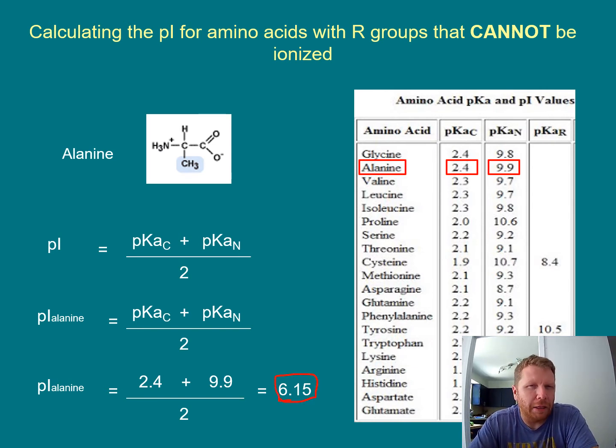So if you put alanine in a solution with a pH of 6.15, 100% of the alanine in that solution would have no charge whatsoever, and that molecule would be least soluble at that pH.